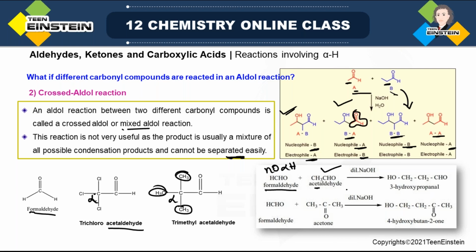Now if you are thinking, will there be no reaction between two acetaldehyde molecules? There is also some logic, because when the carbanion is generated, CH2CHO from acetaldehyde, it will prefer the carbonyl group of formaldehyde. It will prefer this molecule to attack rather than another molecule of CH3CHO. Why?